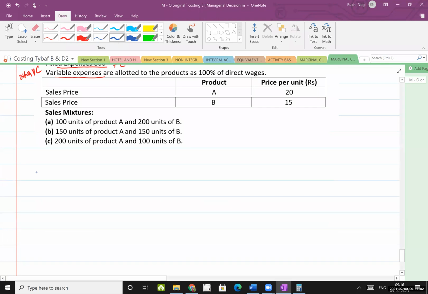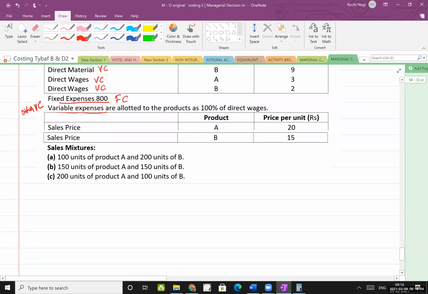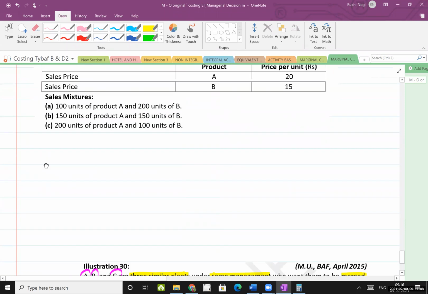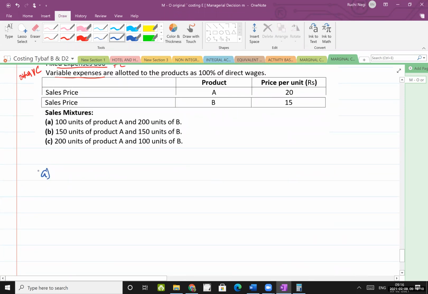Working with number 1. Or you can put this number A that you are calculating product mix. Okay. Calculation of marginal product cost, that is variable cost. Variable cost per unit. Okay.